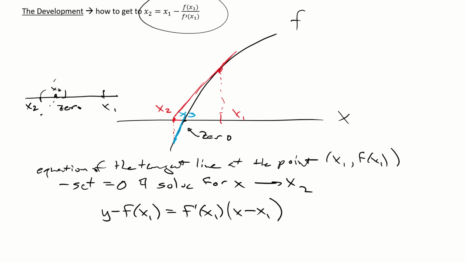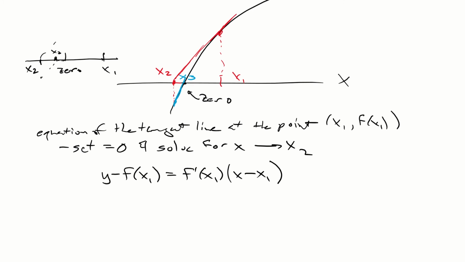I'm not going to dizzy you with the algebra here, but when you solve for x in all of this, oh, no, wrong. What we do is we set y equal to 0 so that we can find where the line crosses the x-axis.